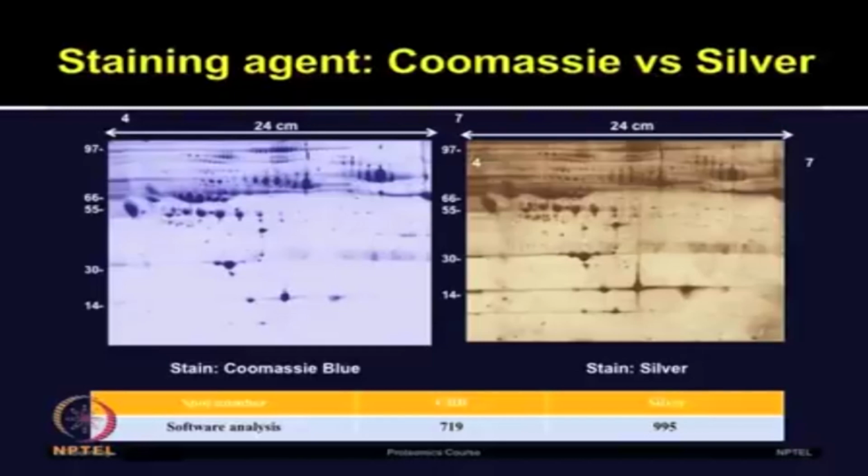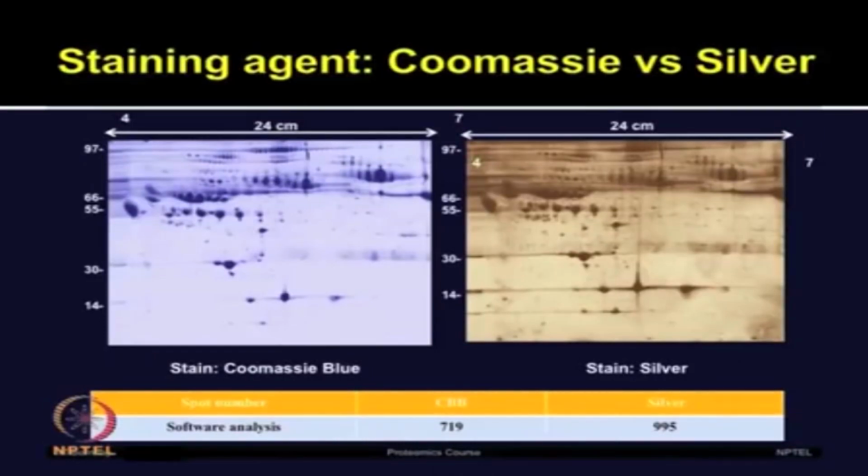We definitely identified more spots from the silver staining, but because we wanted to compare a large number of clinical samples with different healthy controls, it was very difficult to standardize the conditions to keep the silver staining uniform. To overcome this limitation, we used colloidal Coomassie and biosafe Coomassie staining.